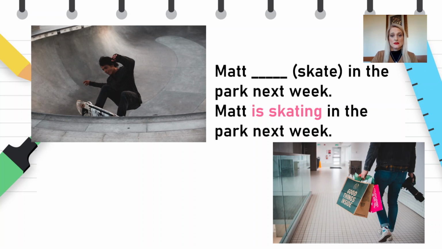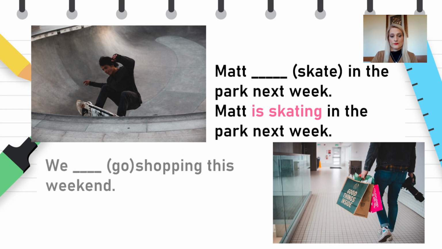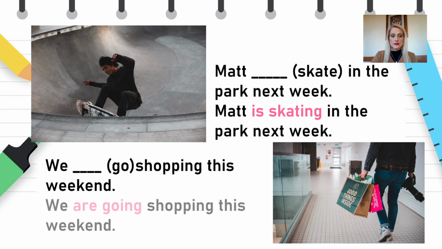Matt knows it, his friends know it, and everybody will be in the park next week. Or maybe in this sentence, we're going shopping this weekend. It means that we all know and will be there at the time that we have arranged. There is 100% certainty.